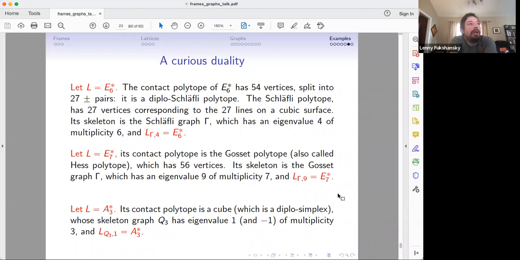Take any rational ETF, like an equiangular tight frame. That's going to give you a lattice. In fact, a very nice lattice. But it's not necessarily a group frame.